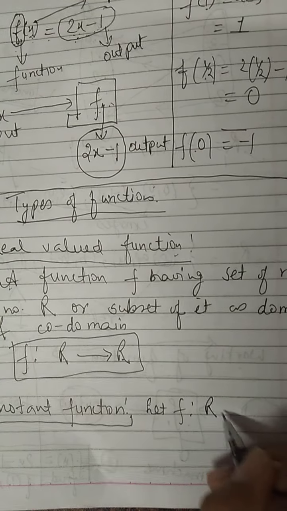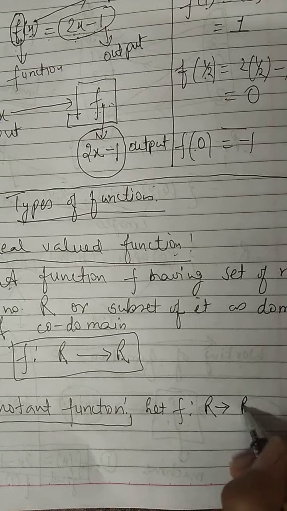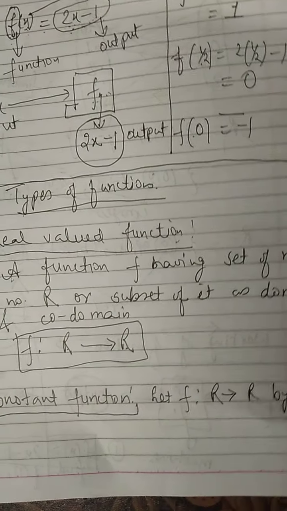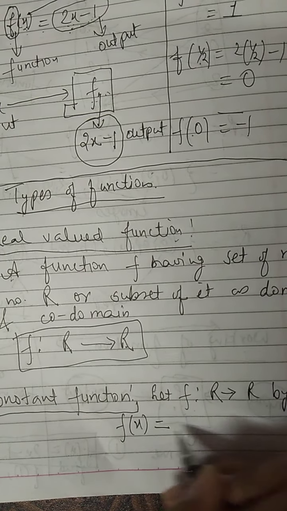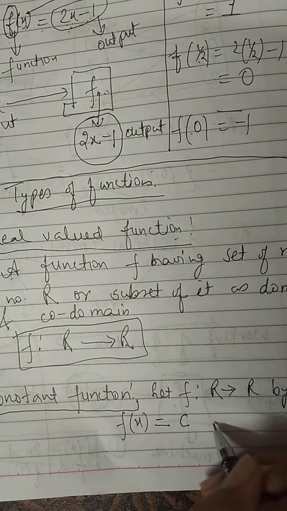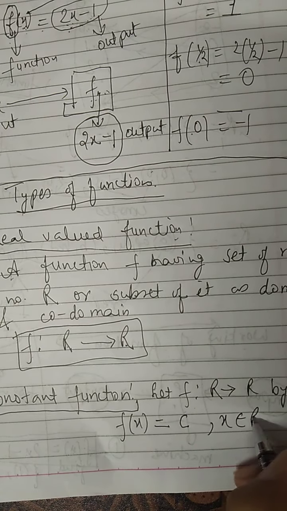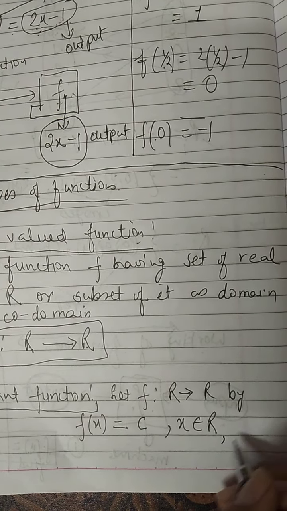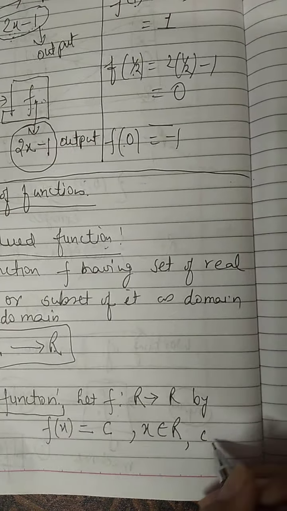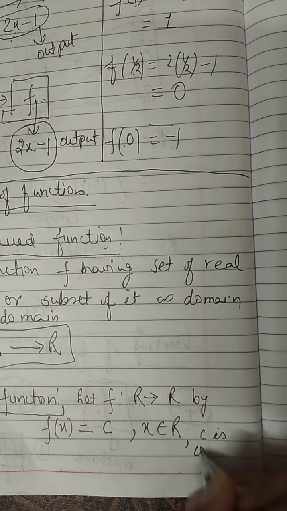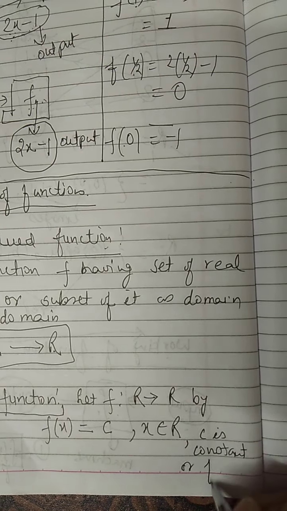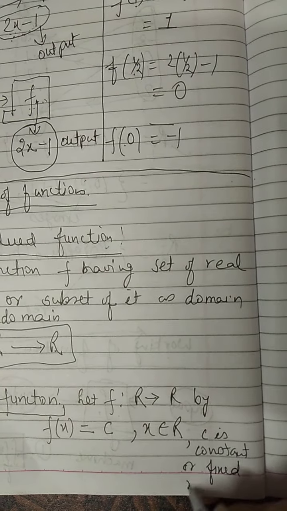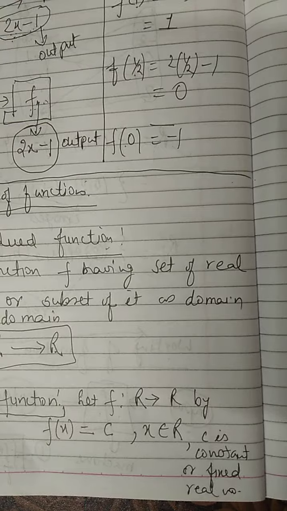Let f be a function defined from R to R by f of x equals c, where x belongs to the set of real numbers, and c is a constant, or a fixed real number.